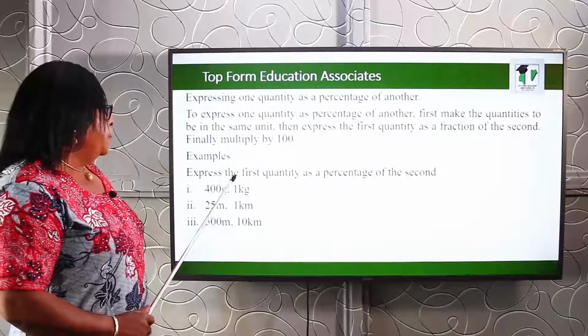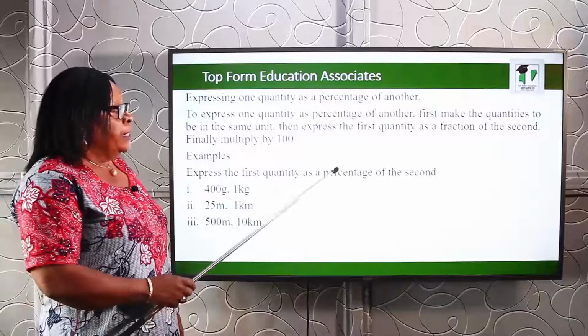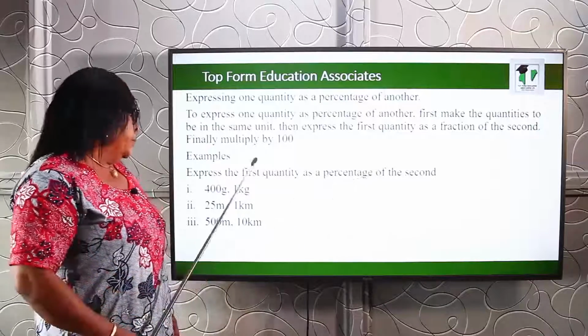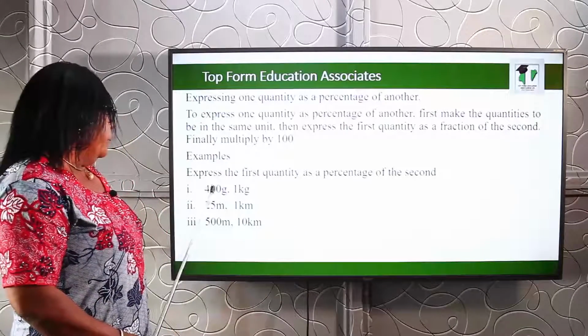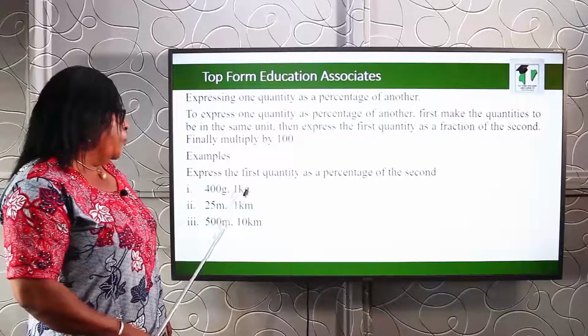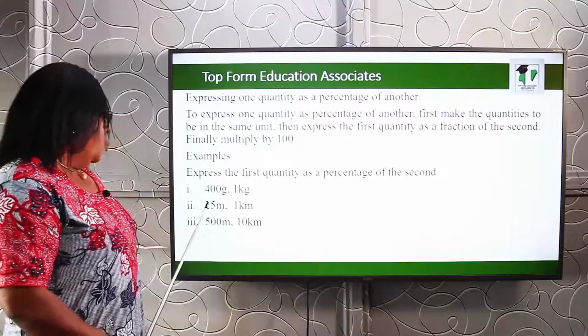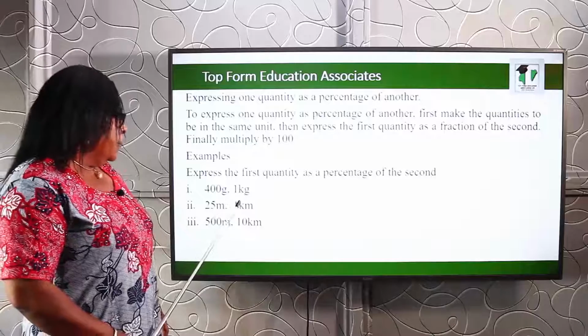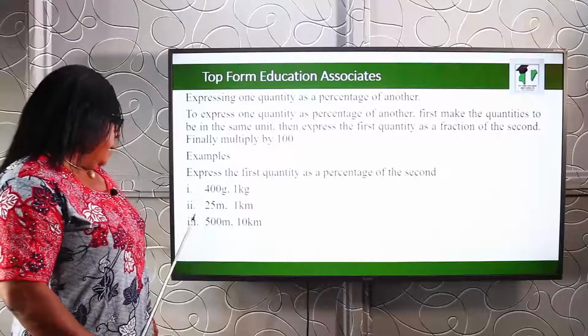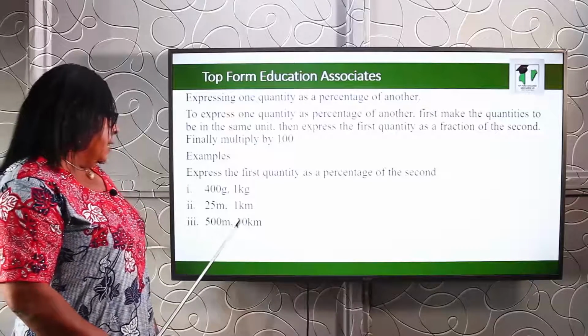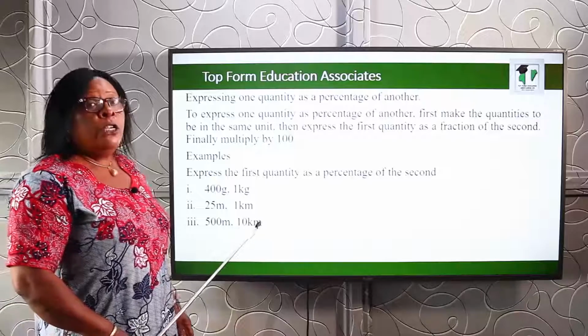Examples. Express the first quantity as a percentage of the second. 1. 400 grams as a percentage of 1 kilogram. 2. 25 meters as a percentage of 1 kilometer. And 3. 500 meters as a percentage of 10 kilometers.